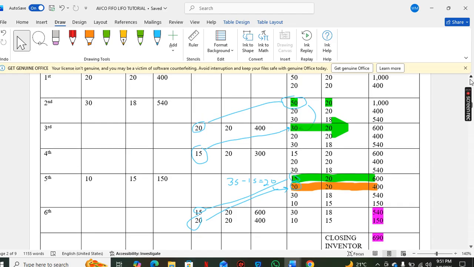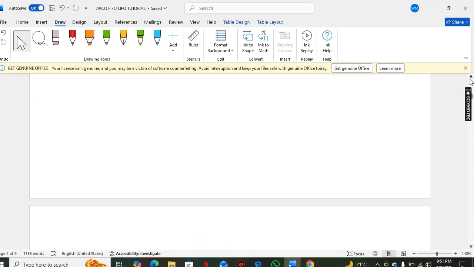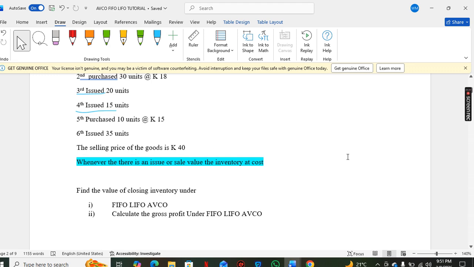Then if they ask you to calculate the gross profit, remember, gross profit from accounts is sales revenue minus cost of goods sold. So basically here they've told us the selling price of the goods is 40 kwacha.